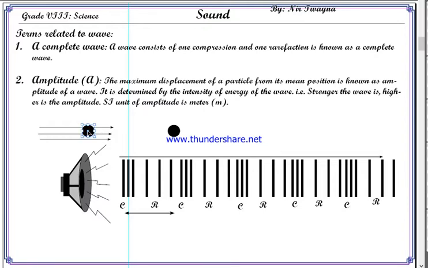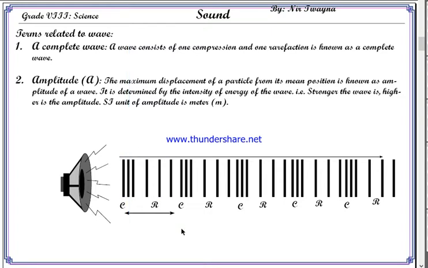And after that again it comes back to its original position, maintaining the original distance between these two particles. Then one wave is completed. That is why one complete wave consists of both compression and rarefaction.